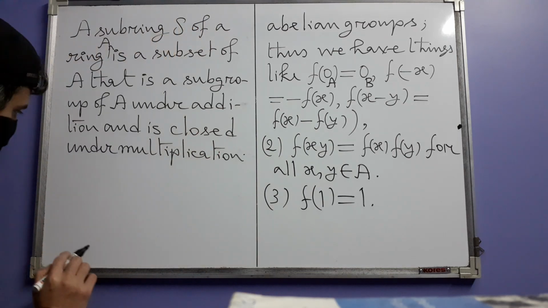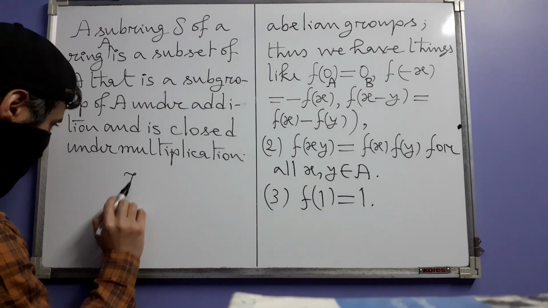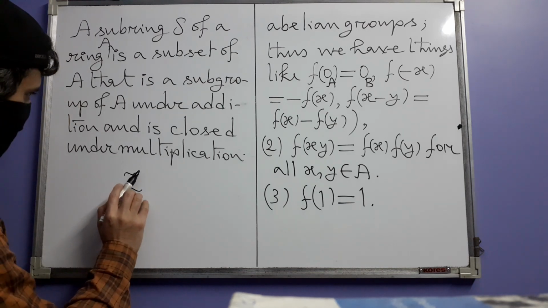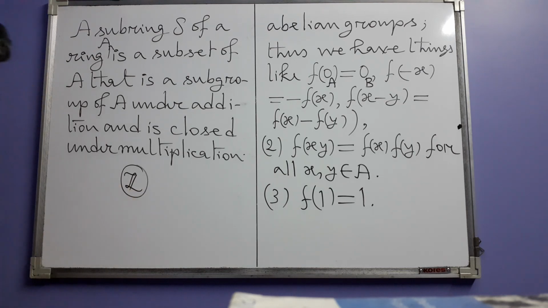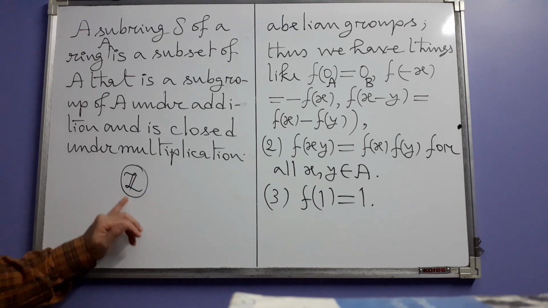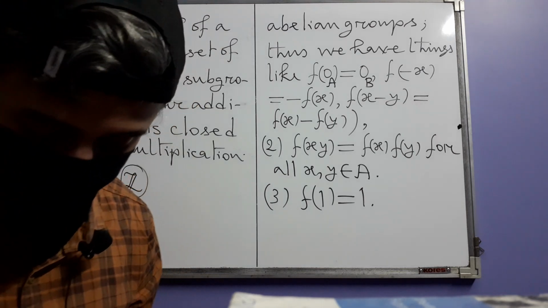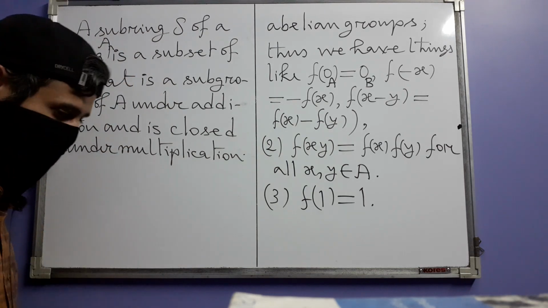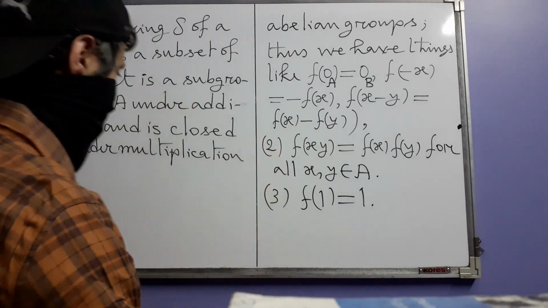Let me give you one example. Consider the ring of integers. Actually, there is another condition also, because I got so caught up about this mistake that I forgot to mention.